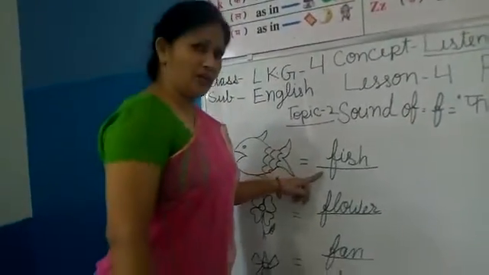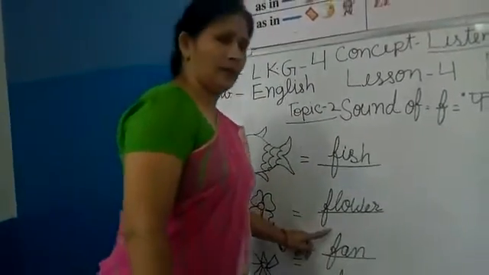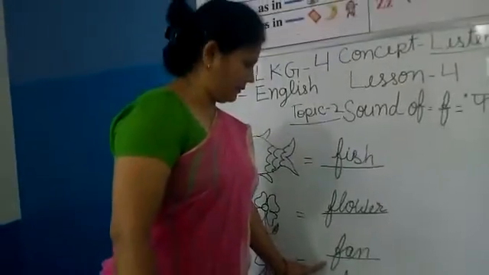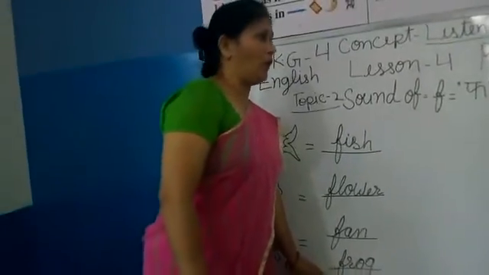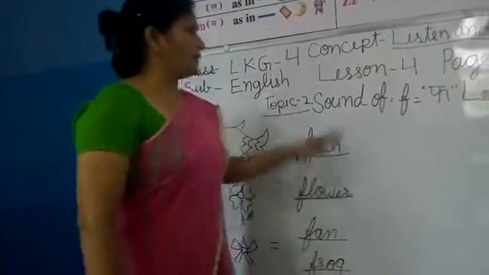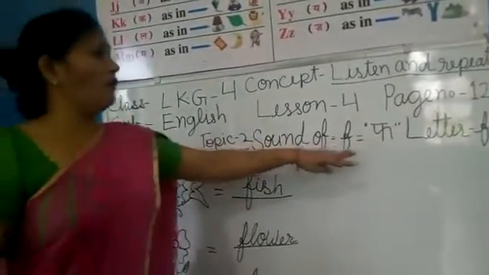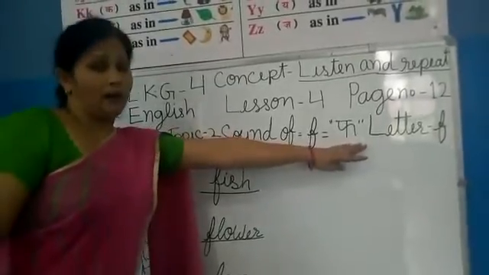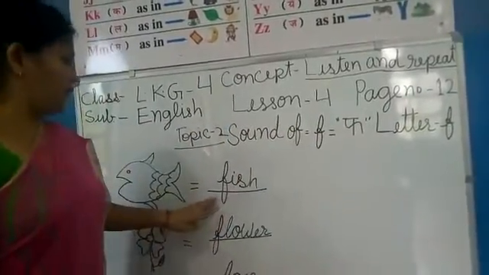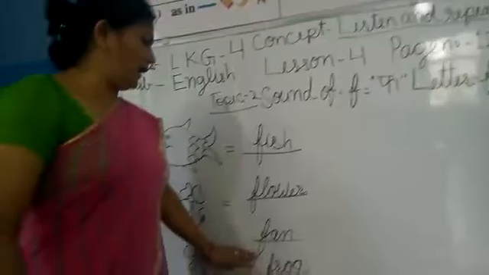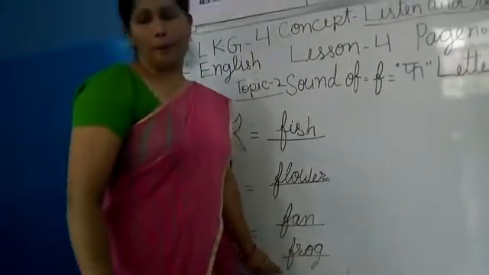Okay children, repeat again. Fish, flower, fan, and next, frog. Sound of F. Fa. So, fish, flower, fan and frog.